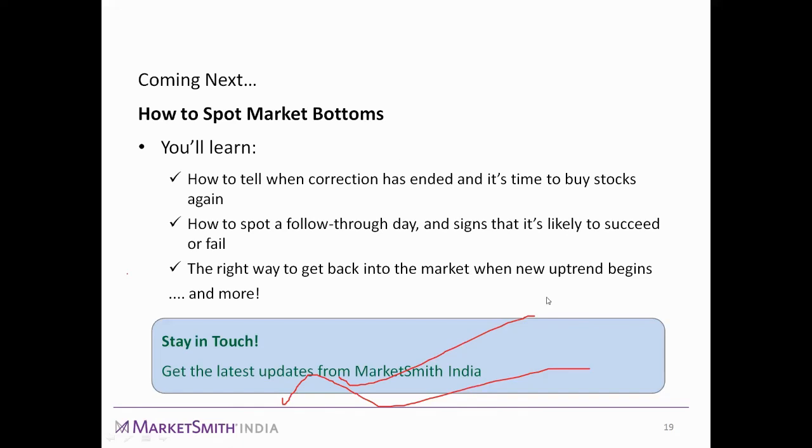There is a question by Mr. Himanshu: does this concept of stage apply to the index also? No, indexes will not have these stages. For index, you have to check the distribution day counts and the market status, and then based on that you have to check the stage for particular stocks.